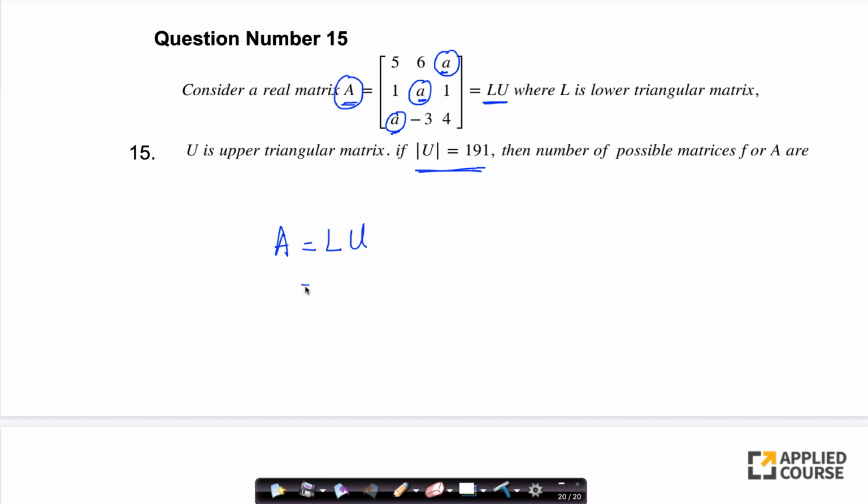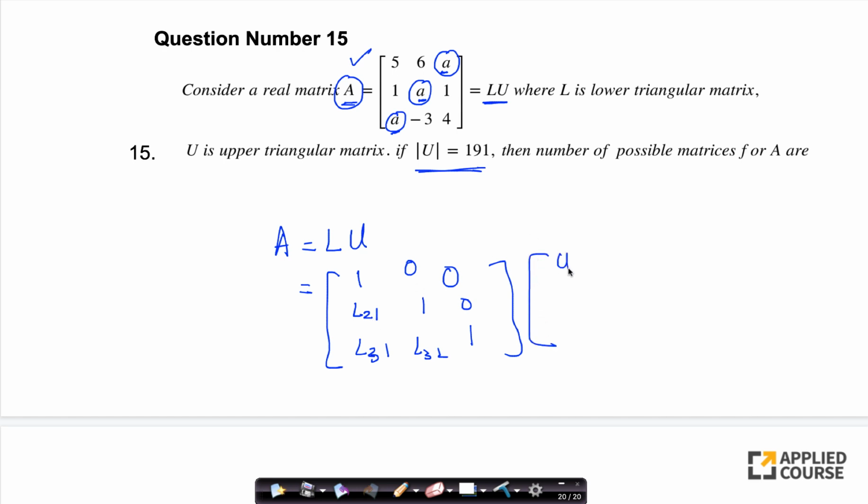Now one thing you have to remember here is when we wrote A as a product of lower triangular and upper triangular matrix, we wrote the lower triangular matrix with all the upper triangular values as 0 anyway. So these ones were L21, L31, L32. If this is a 3 cross 3 matrix, of course it has to be a 3 cross 3 matrix because A itself is a 3 cross 3 matrix. On the other hand, for U, we did not limit U's diagonal elements.